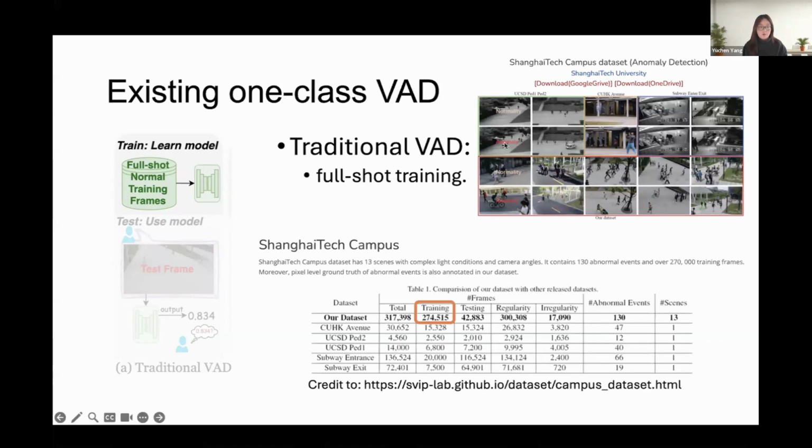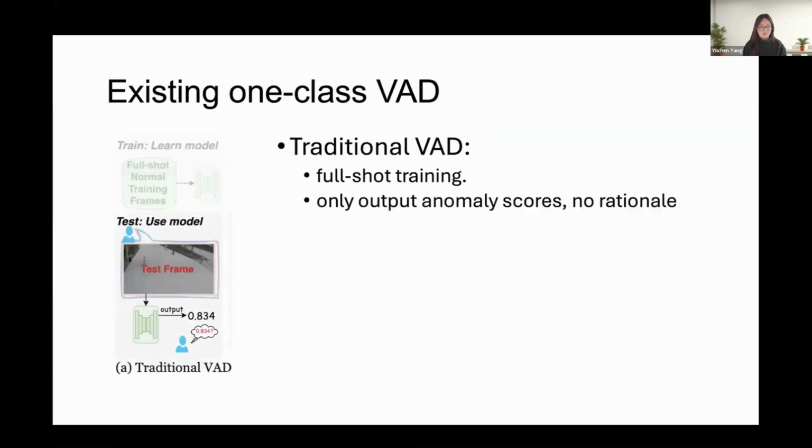However, while this approach is effective, it can be computationally intensive and may not generalize well to unseen scenarios or backgrounds, especially if the training set doesn't fully capture the variety of normal events.